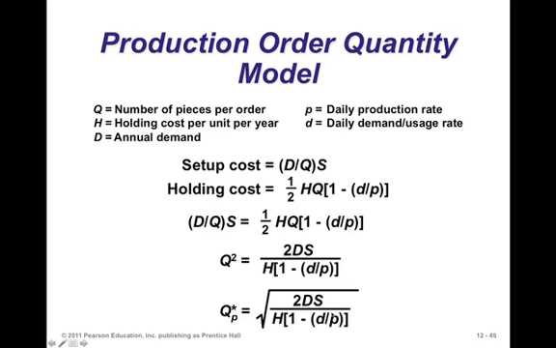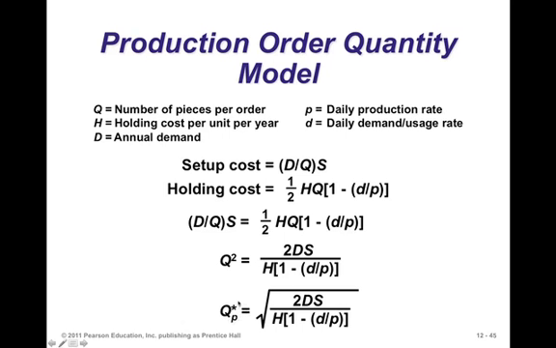If you look at this, because D, the demand rate, is smaller than your production rate, then 1 minus D over P is a value that is smaller than 1. But what does that do? Let's just think about this for a second. What that does is it actually reduces the effective holding rate. If we multiply this H by a value that is less than 1, it's making this denominator smaller than H. As a result, your order quantity Q would be larger than your typical EOQ.